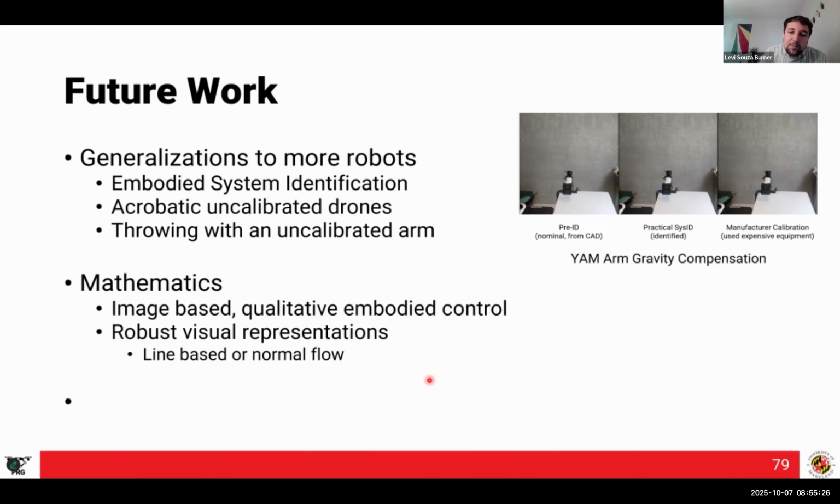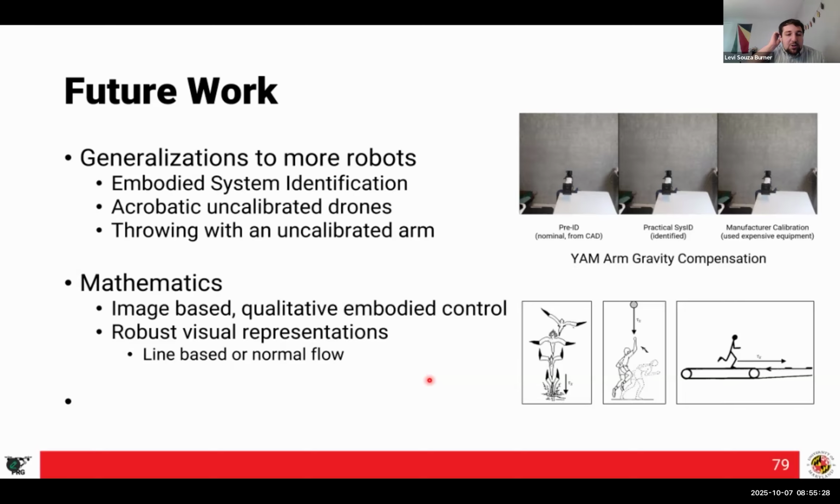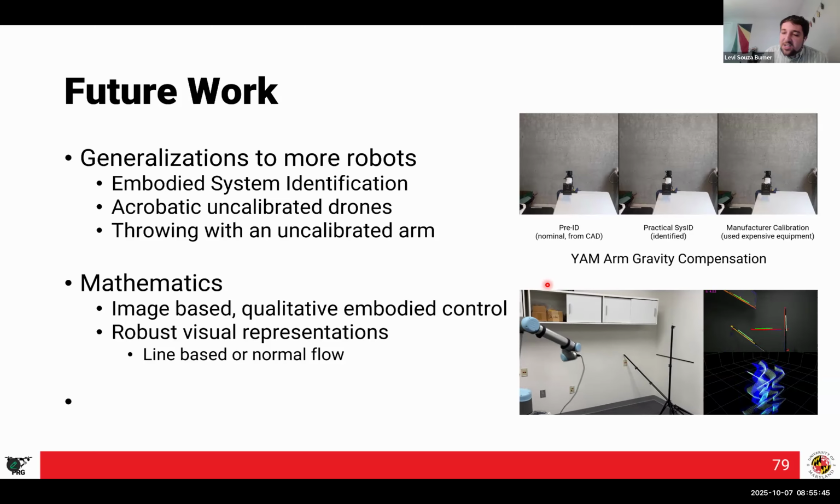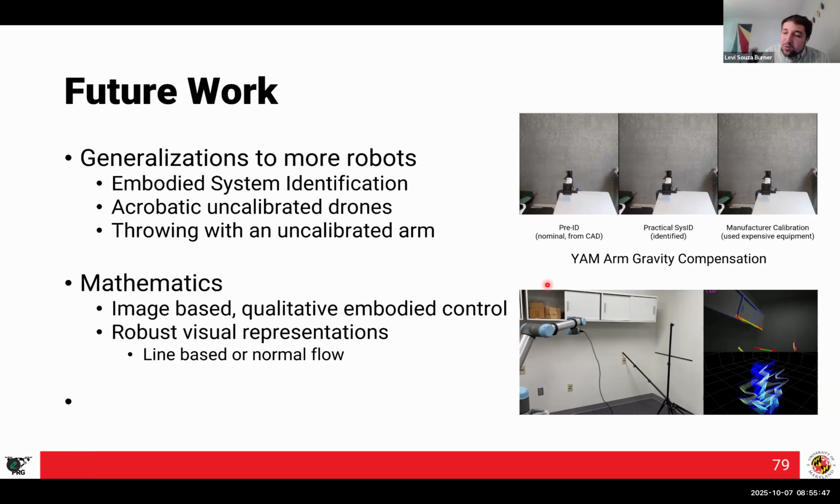Finally, there's a lot of work to do on the mathematics. Everything I showed you today was based on an equality constraint, but the tau theory and other theories for visuomotor control from psychology suggest qualitative rules based on things being more than or less than what we expect. So I'd like to work on that. And finally, I would like to work on more visual representations that are loosely connected to, but inspired by this bio-inspired time to contact.